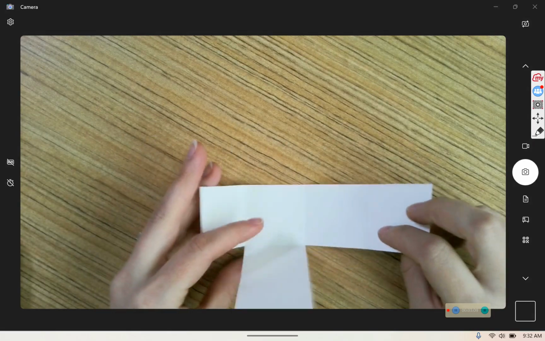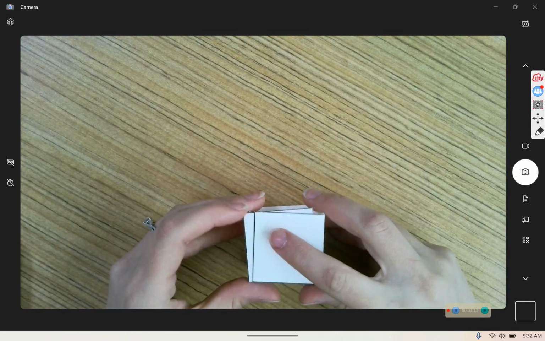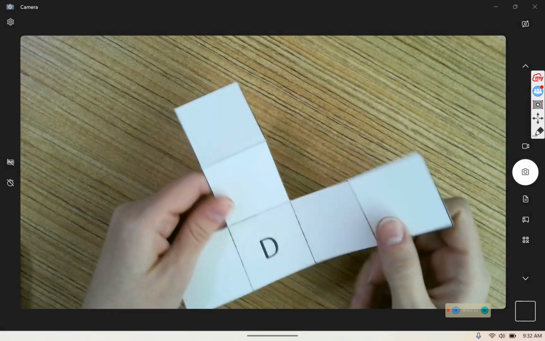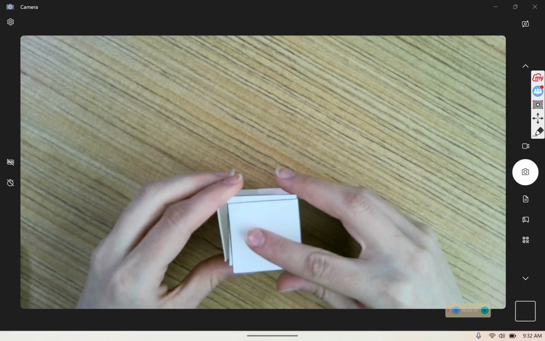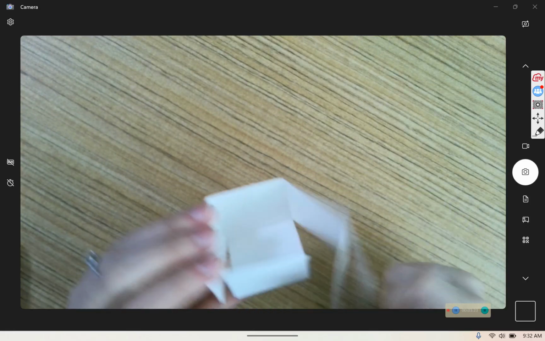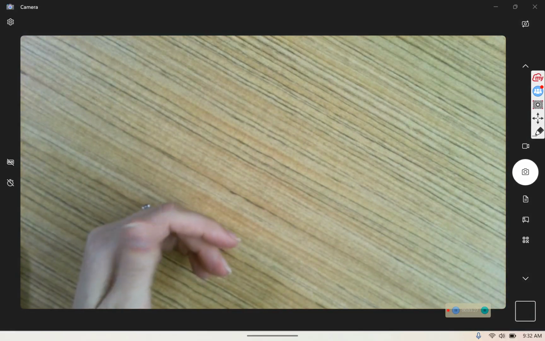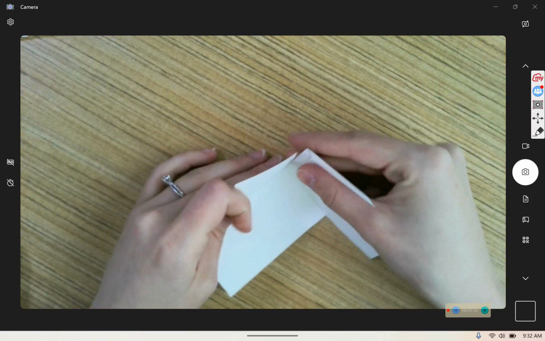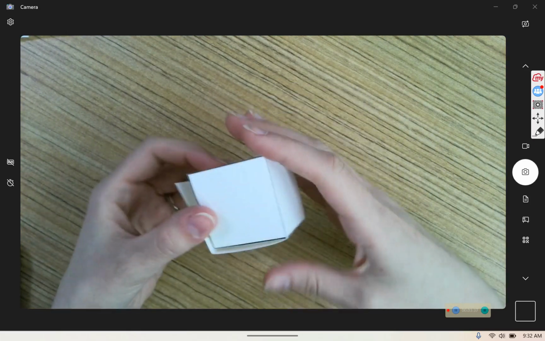D. Oh, these ones overlap, and we're left with a hole here. So D is not a net of a cube. They overlap and leave an empty spot. So D, no. E. Yes.